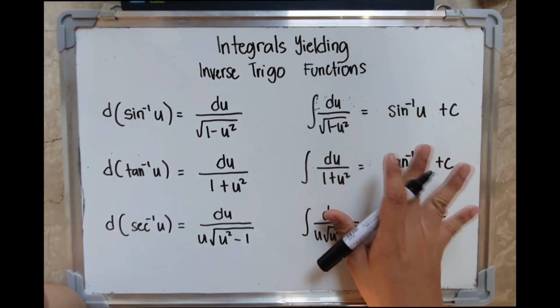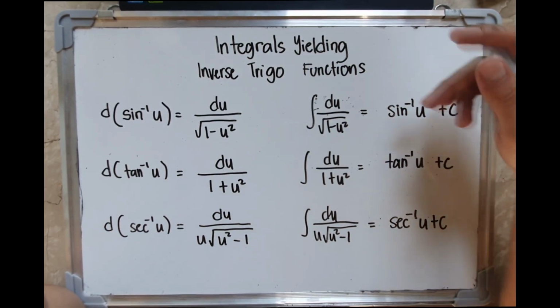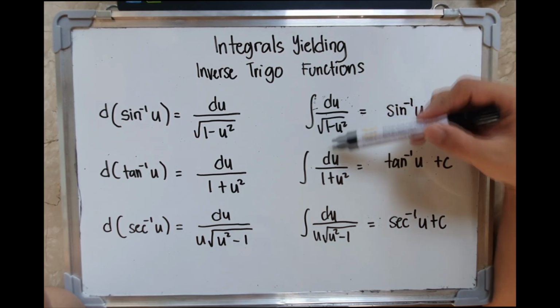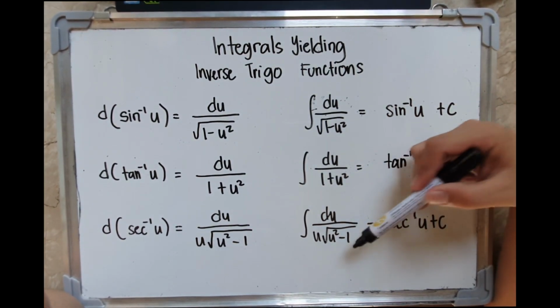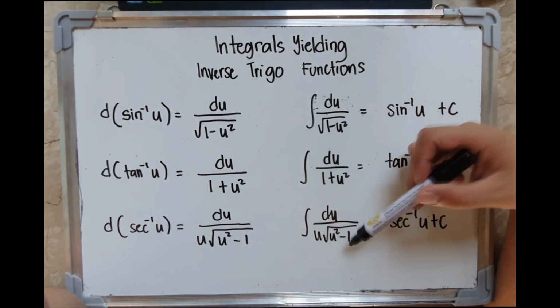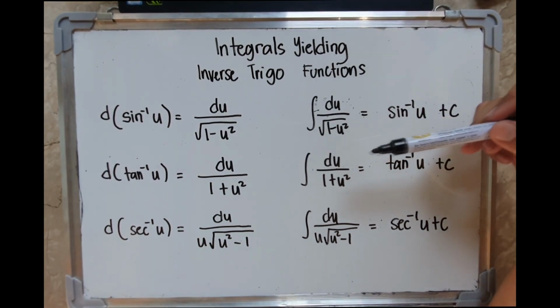So aside from this, we will be having another set of formulas. Given the situation that we have a constant one here, what would happen if given in the problem this is no longer 1? Okay, so we have an additional formula.